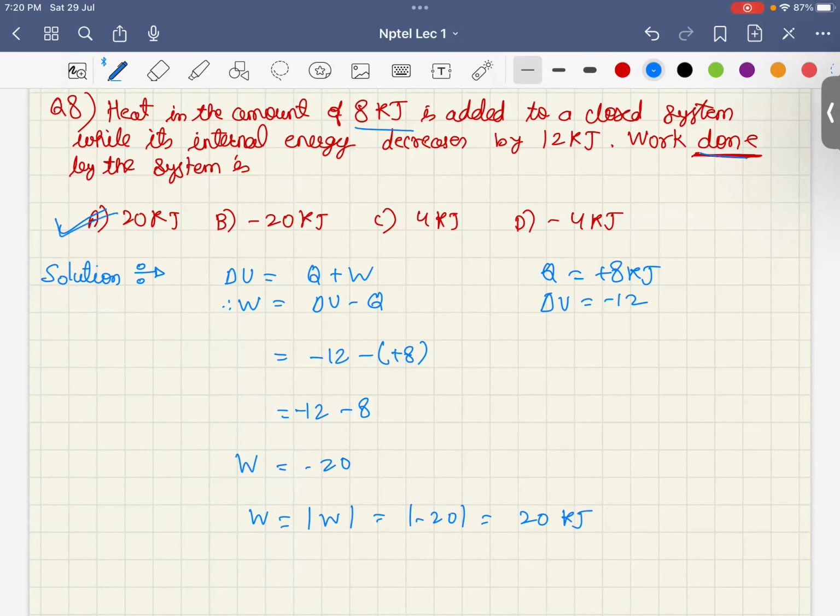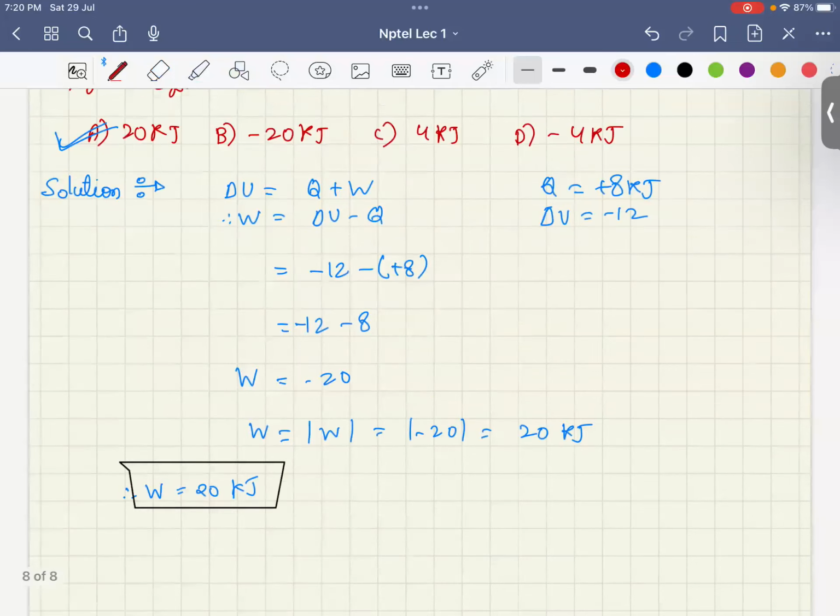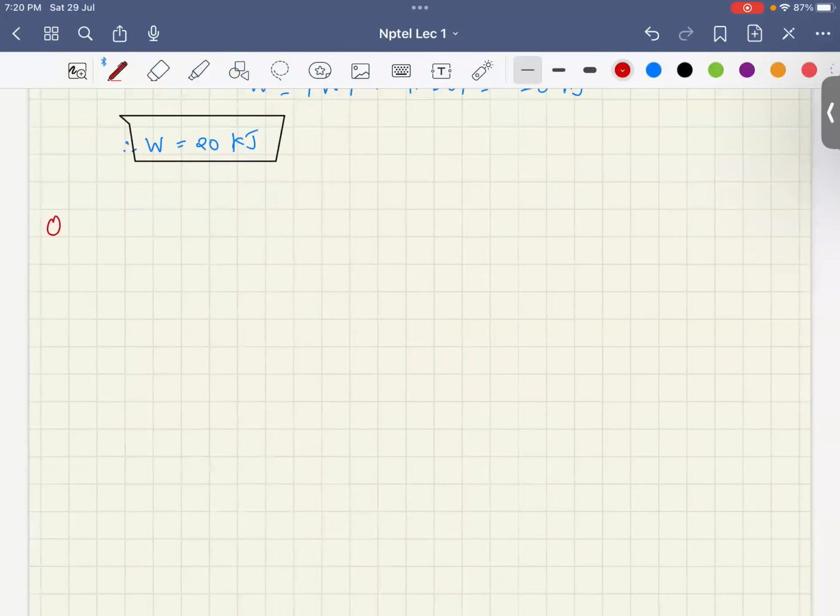Hence, the option is option A. So this is the answer. I hope the question and solution is clear to everyone. If this is clear, then we'll move on to the next question.